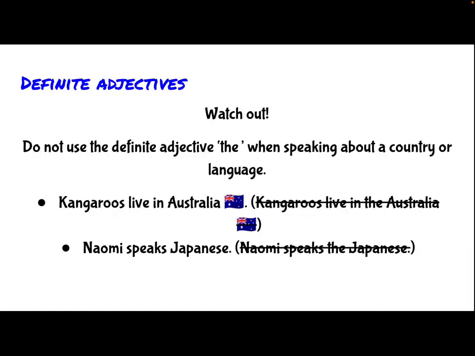What you need to watch out for when using definite adjectives is we do not use the definite adjective the when speaking about a country or a language. For example, kangaroos live in Australia and not kangaroos live in the Australia. Naomi speaks Japanese and not Naomi speaks the Japanese.